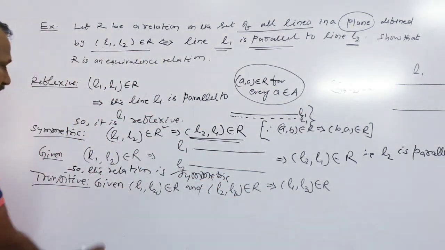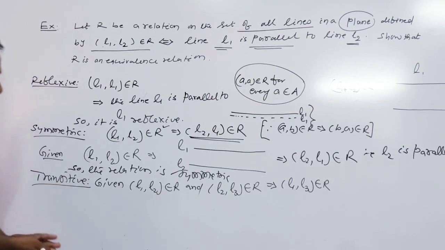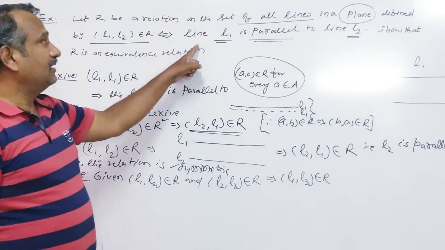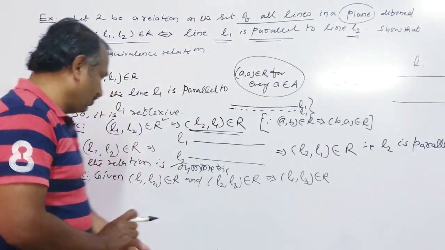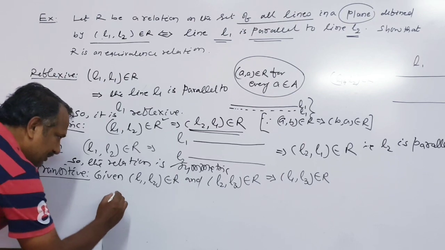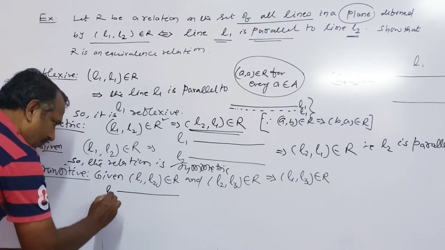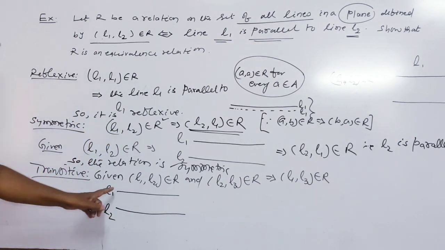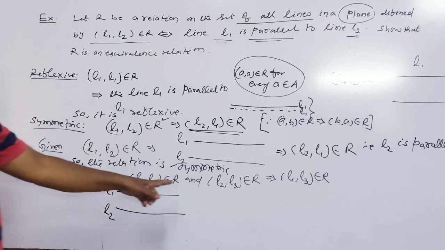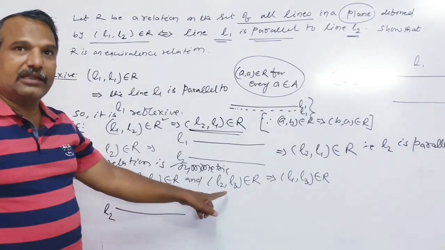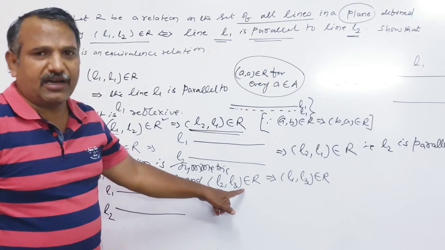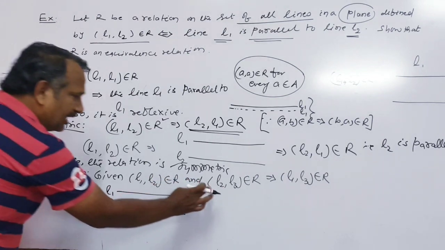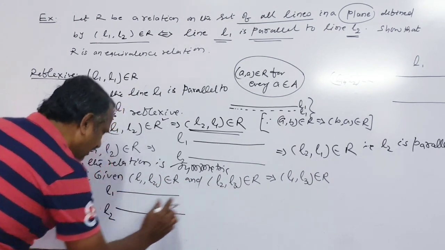Now here (L1, L2) belongs to R. So what is the condition given? (L1, L2) belongs to R means the line L1 is parallel to L2. Suppose this is a line L1, this is L2. Now L1 is parallel to L2. Now here, given (L2, L3) belongs to R, which means L2 is parallel to L3.